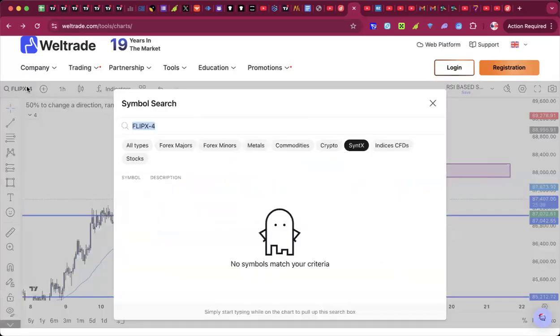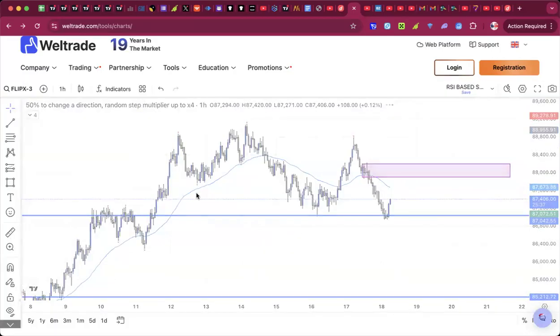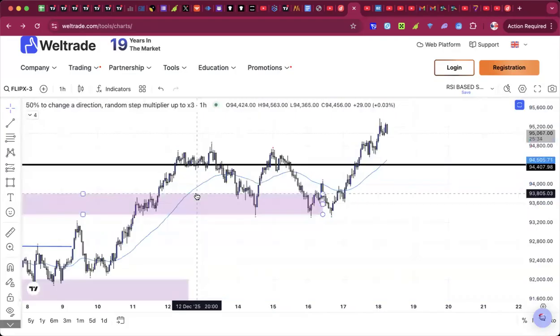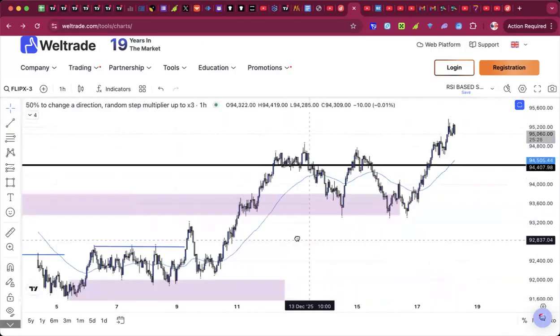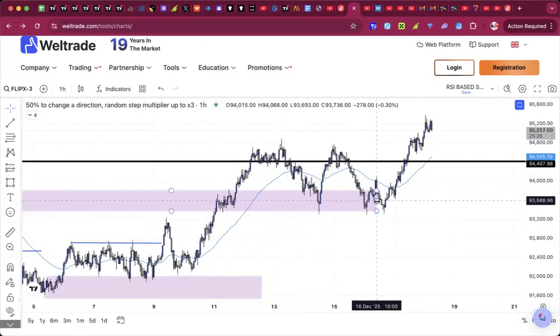Let's look at Philip 3. So you can see Philip 3. I wouldn't know what I drew here, but maybe that may be a support or something.